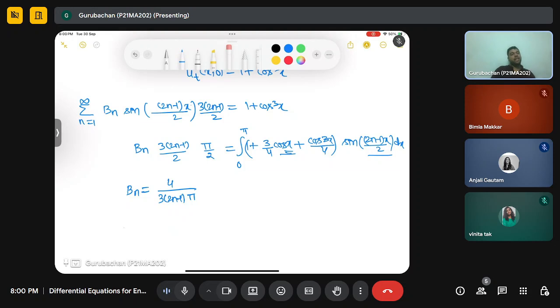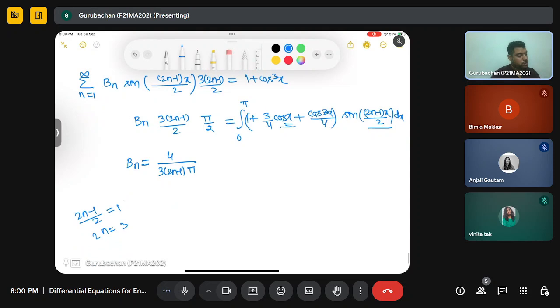So can we write x in terms of some 2n minus 1 type of thing? If (2n minus 1) by 2 should be 1, then 2n is equal to 3, so n is equal to 3 by 2.